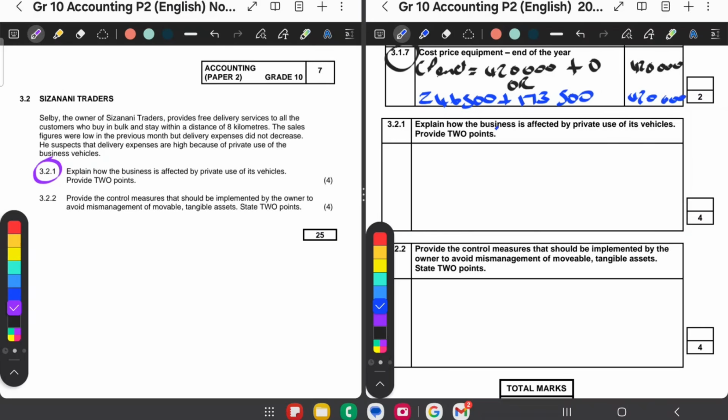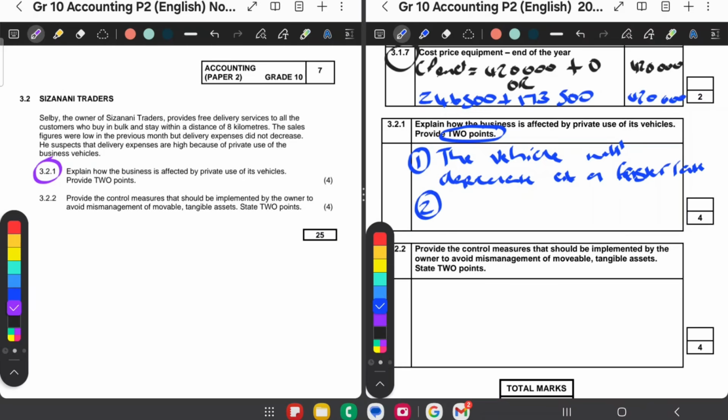Provide 2 points. So 2 points. Point number 1. How is the business affected when the business vehicle is used for private use? You can say the vehicle will depreciate at a faster rate. At a faster rate. Okay, that's one thing.